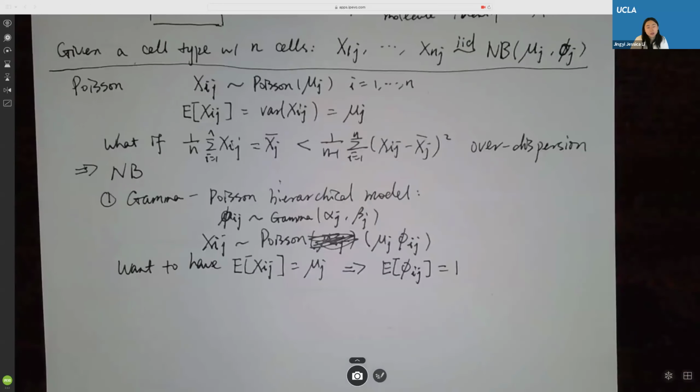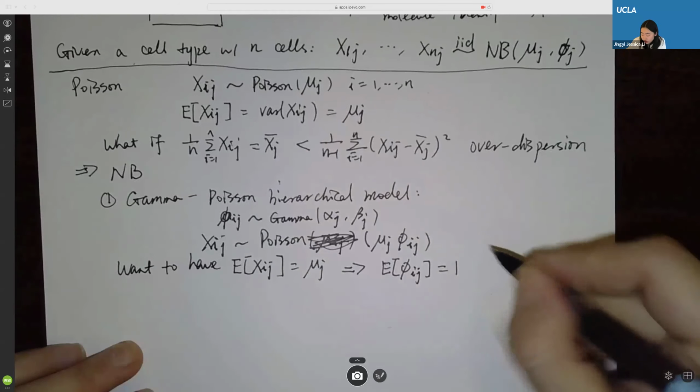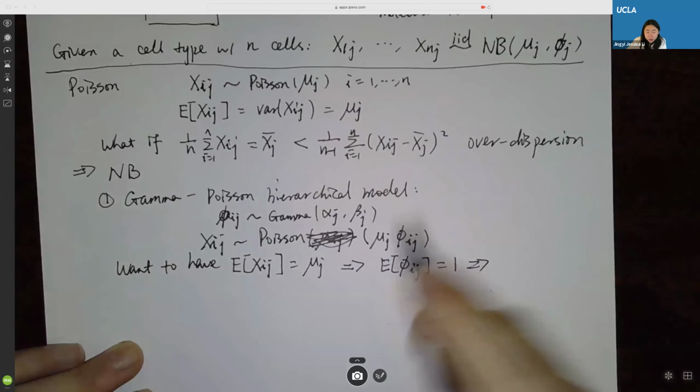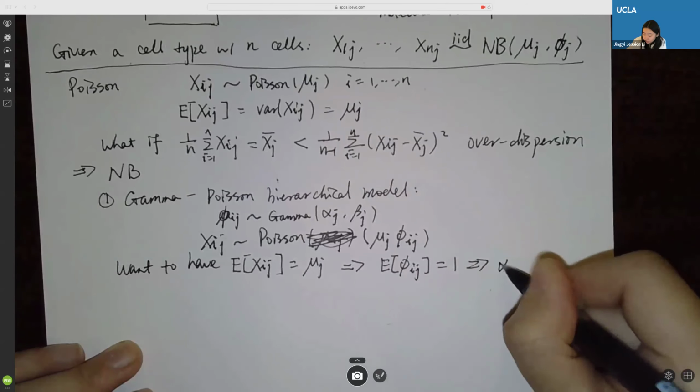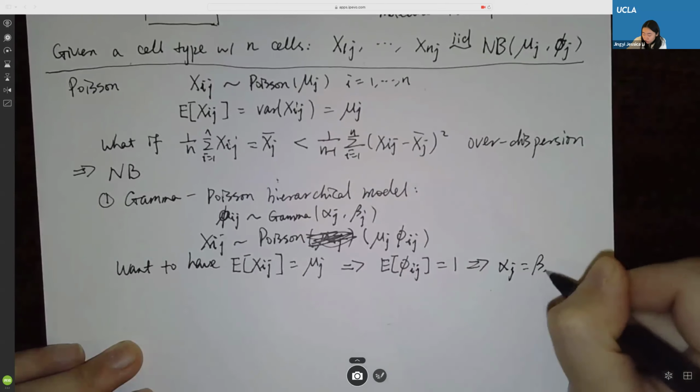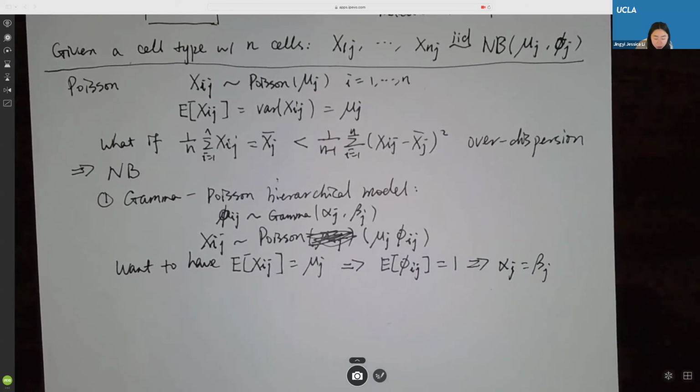So the disturbance, the perturbation factor phi ij, should have expectation 1. And this will give me that gamma and beta must be equal. And this can reduce one parameter for me. Okay, so this is one way to derive the negative binomial distribution.